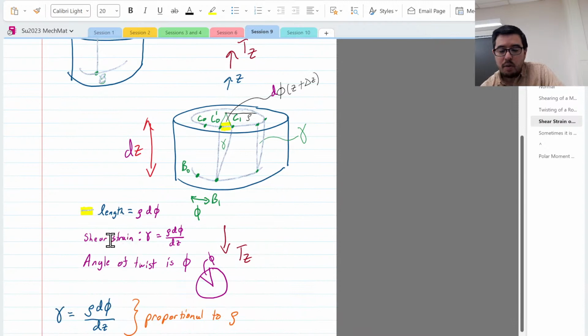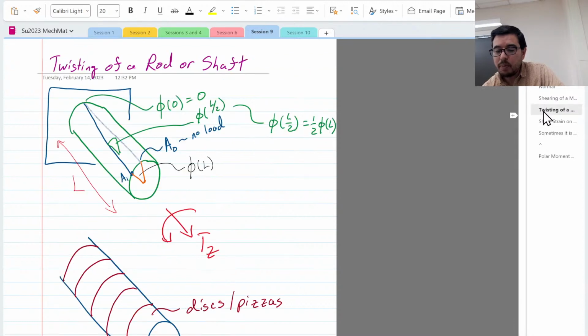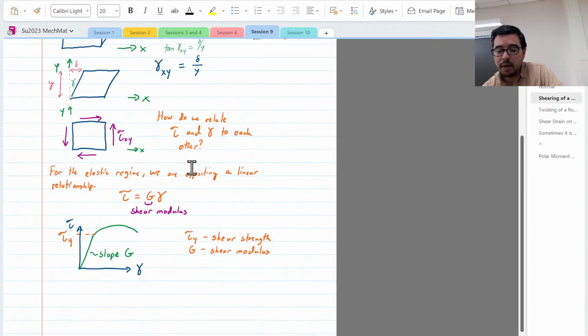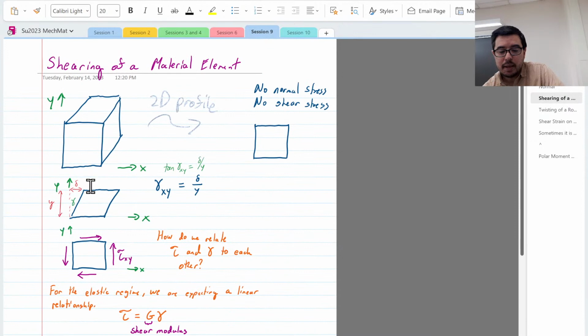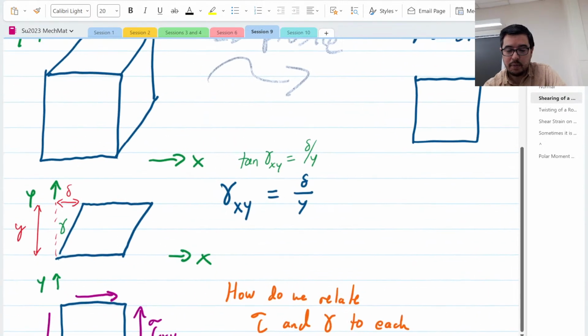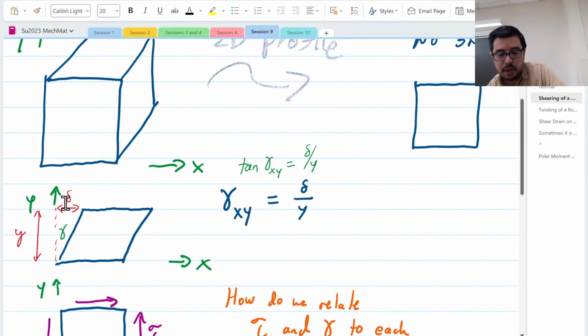So now we have this rho d phi, and if we go back to this picture, we had a little delta in here from this shift, and we have a gamma here.